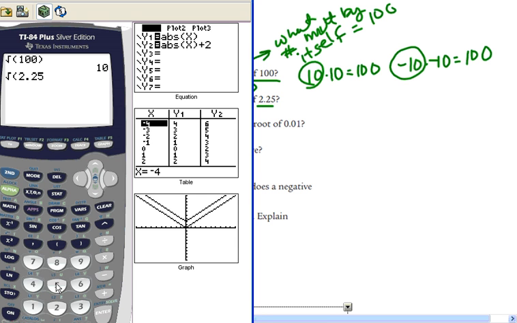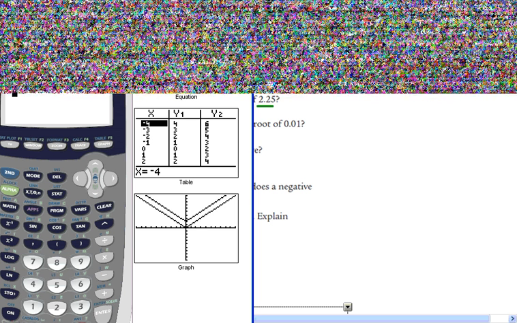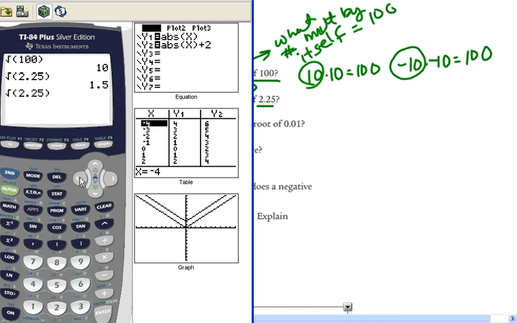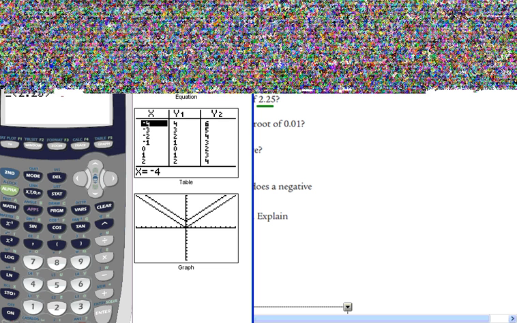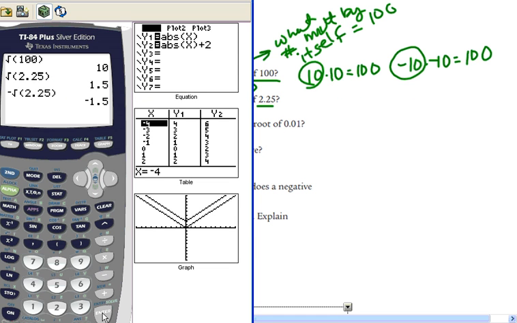That's the positive square root. Enter, which is 1.5. And the other one is the negative square root of 2.25, which is negative 1.5.